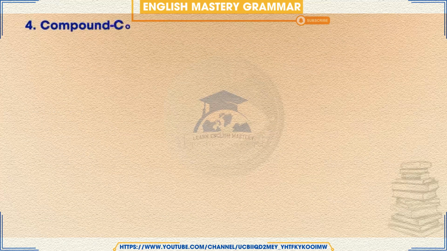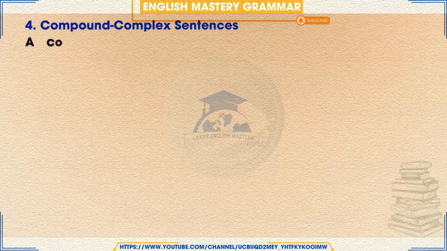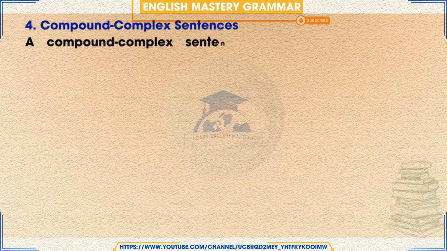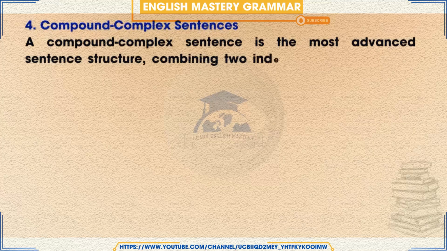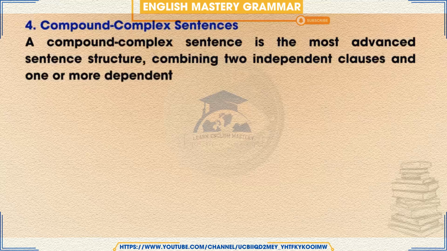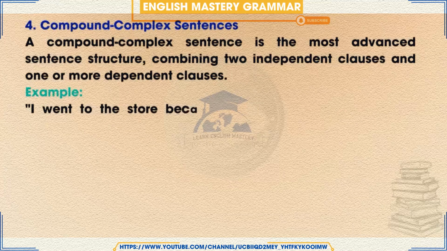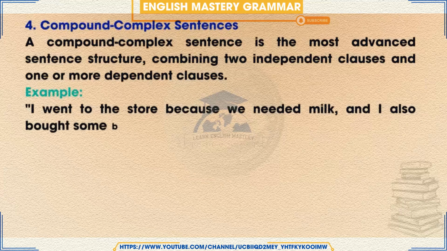4. Compound-complex sentences. A compound-complex sentence is the most advanced sentence structure, combining two independent clauses and one or more dependent clauses. Example: I went to the store because we needed milk, and I also bought some bread.